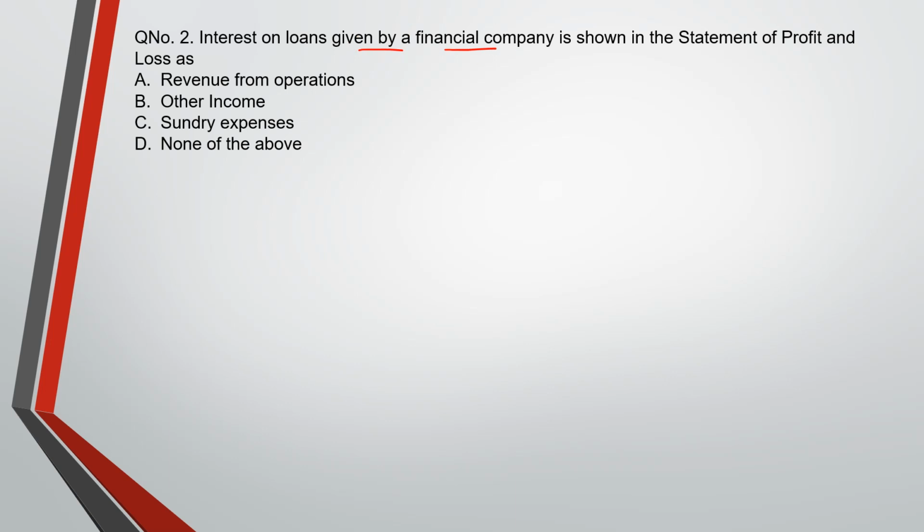So here interest on loan given by the financial company means a loan here has been given by a financial company. So on that loan given, it would be collecting interest from the person who has borrowed from the financial company. And being a financial company, the main operating activity of the business is borrowing and lending.